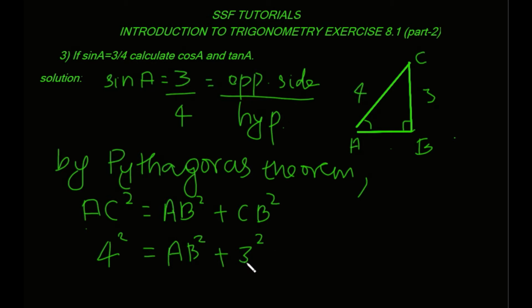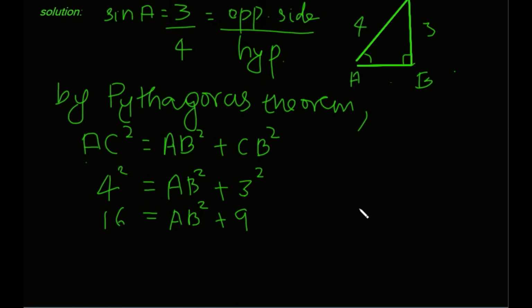Now since we know 4 square is equal to 16, AB square is going to be AB square, and 3 square is going to be 9. Now by sending the 9 to the LHS, it's going to be 16 minus 9, that is equal to AB square. 16 minus 9 is going to be 7, that is equal to AB square.